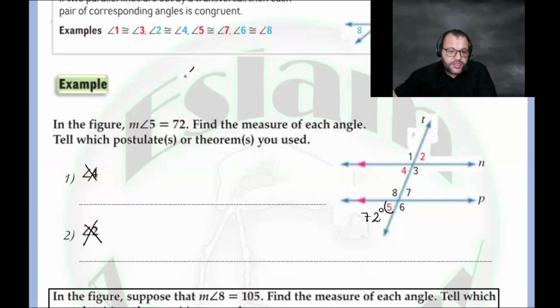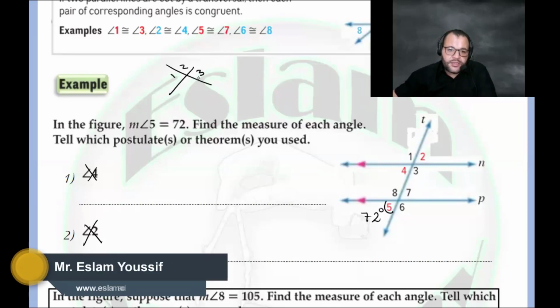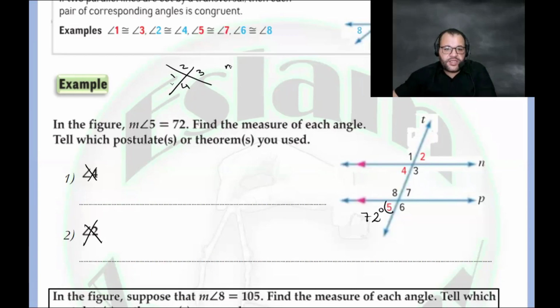If two lines intersect at one point, then we have 4 angles, and each two opposite angles are equal in measure. The vertical opposite angles are equal in measure. Then the measure of angle 1 is equal to the measure of angle 3, vertical opposite angles. The measure of angle 2 is equal to the measure of angle 4, vertical opposite angles.